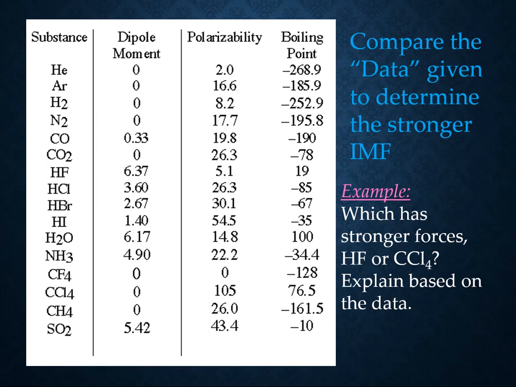That's the data that they've selected that we get to evaluate. So here I would look at my HF, hone in on the data. Down here on my carbon tetrachloride, I'd hone in on the data. What say you? Which one has stronger forces based off of our data here?